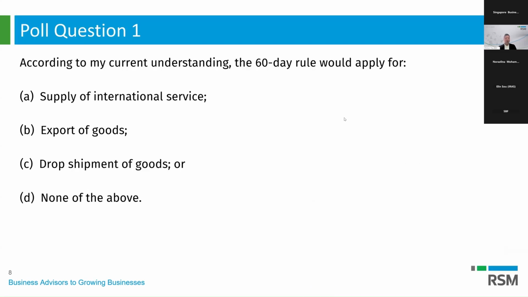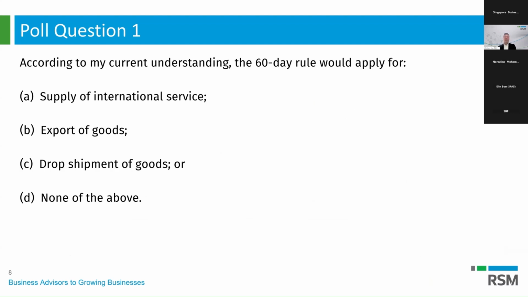With that, before we move into the next segment, I would like to quickly also get you to go through a poll. As you can see on screen here, hi SPF, I need your help to launch the poll. Okay, according to my current understanding, the 60-day rule would apply for A, B, C, or D. I believe you have listened carefully to what Eileen and Lina has shared.